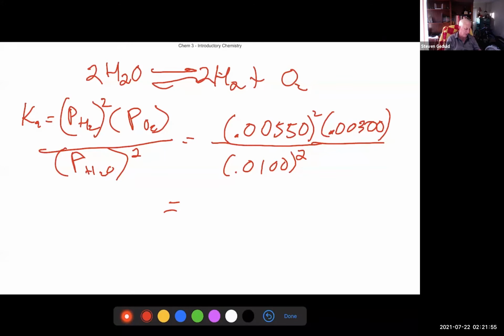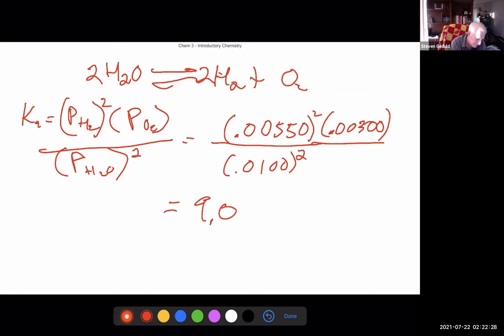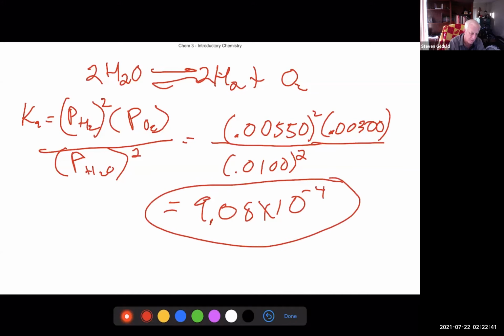All right, so let's hit our calculators. 0.0055 squared times 0.003 divided by 0.01 squared equals 9.08 times 10 to the, let's see what we got here, 1, 2, 3, 10 to the negative 4. 9.08 times 10 to the negative 4 should be the equilibrium constant.